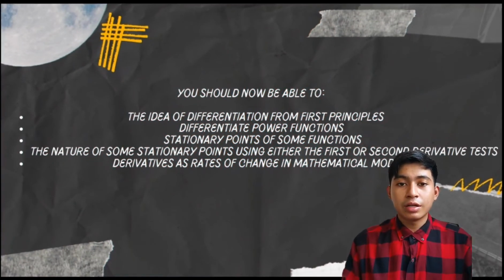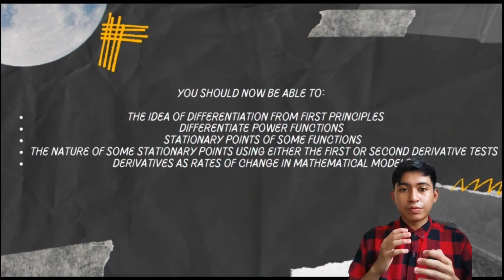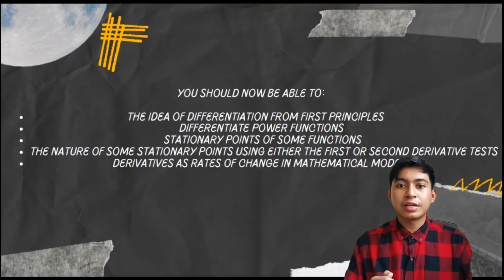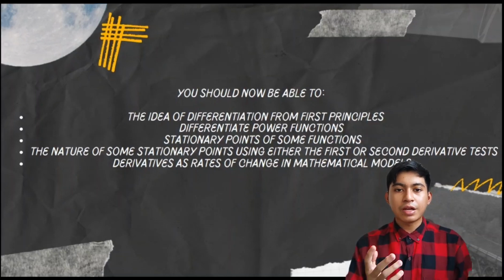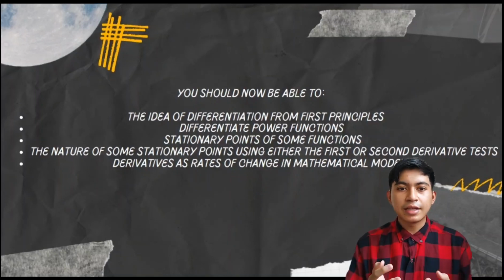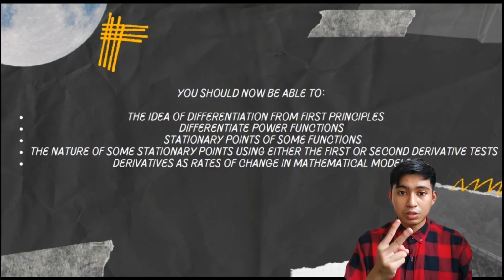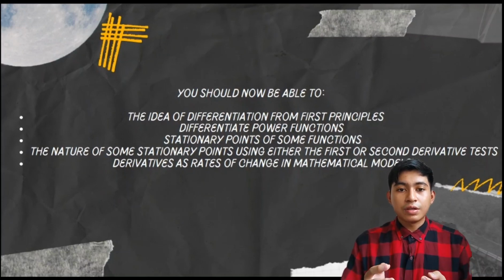In this summary, we should know that we are increasingly able to communicate mathematical ideas and apply our knowledge and understanding to mathematics in everyday life. We should now be able to: number one, understand the idea of differentiation from first principles. Number two, differentiate power functions.